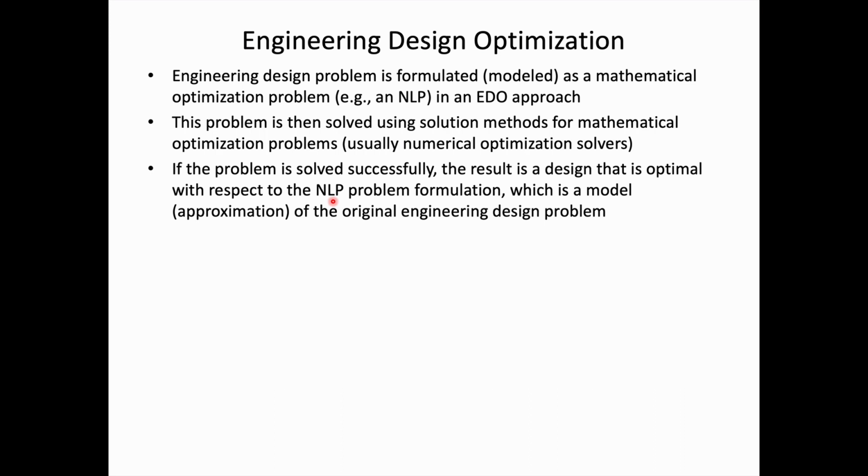So if we solve the problem successfully, and there are ways of verifying when an optimization algorithm terminates that, yes, we have in fact found an optimum, we can say confidently that, yes, this is the optimal design with respect to the nonlinear programming problem that we defined.